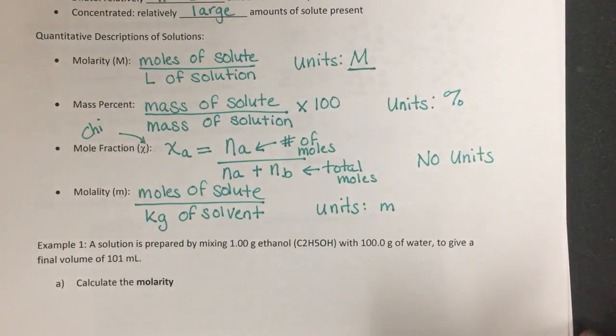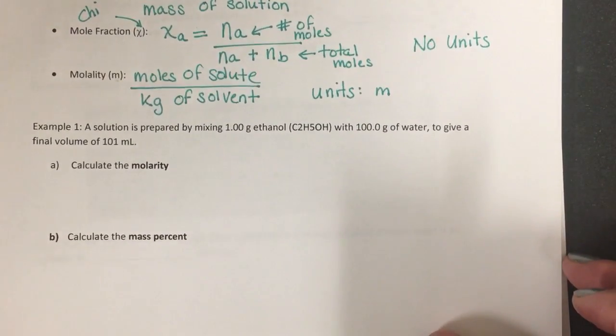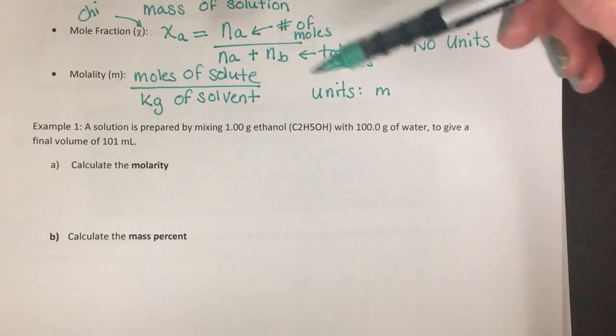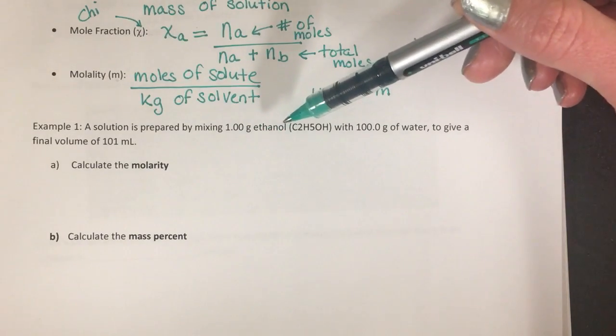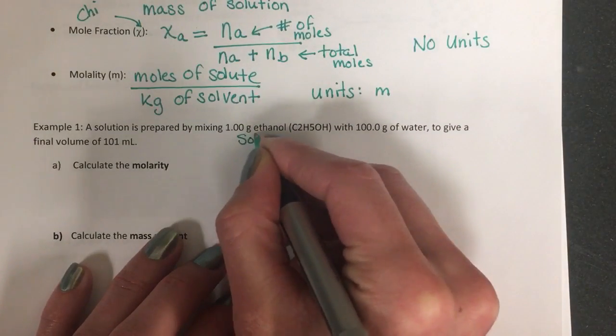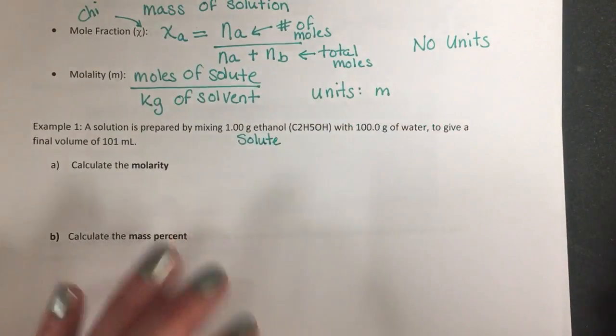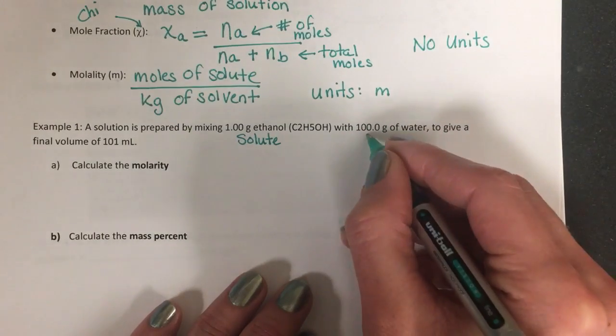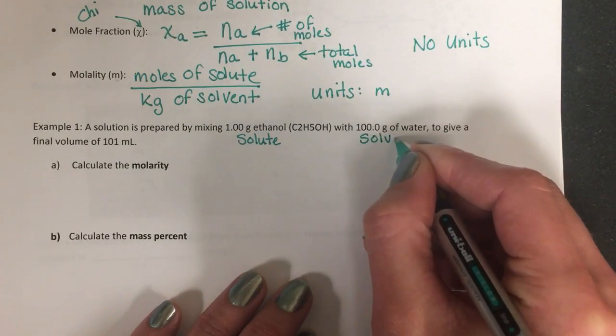So here we've got an example, so we can take a few minutes to practice these calculations that we should be pretty familiar with. So I've got a solution. I'm mixing 1 gram of ethanol. So this is my solute with 100 grams of water. This is my solvent.